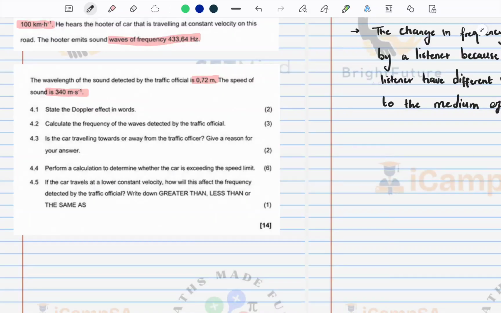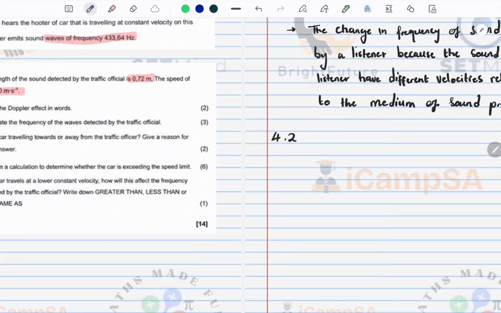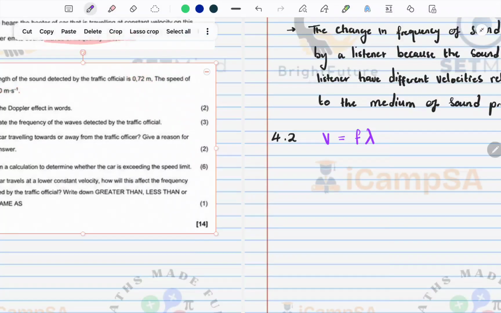So here they're saying calculate the frequency of the waves detected by the traffic official. This is your 4.2. So let's say here they say the wavelength of the sound detected by the traffic official is 0.72 meters. This is the wavelength that we have. So what we need to say is v is equal to your frequency times your wavelength, which is already given to us.